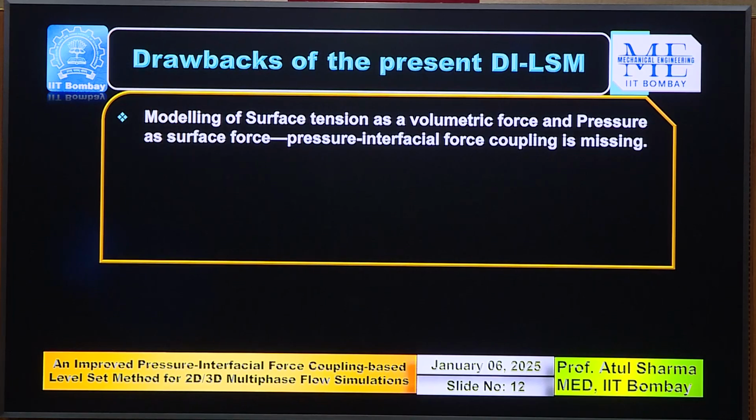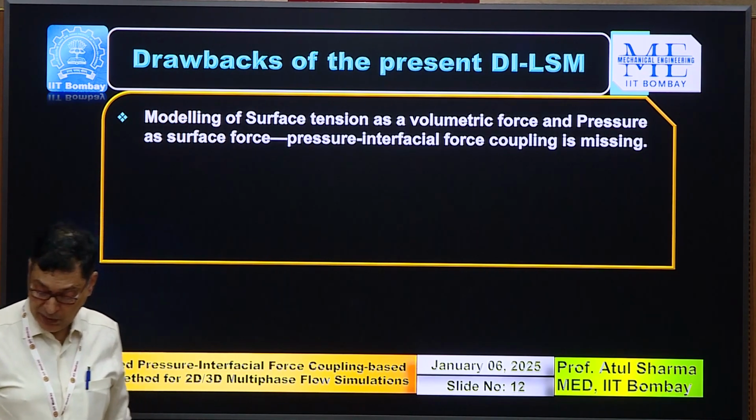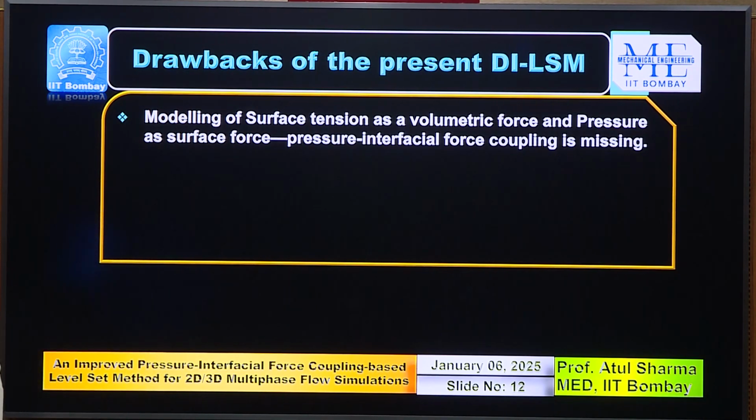Okay, now when I say drawbacks of the present diffuse interface method, this is with reference to the improved method which I'll be presenting. The existing diffuse interface method models surface tension as a volumetric force and pressure as a surface force. Like in CFD, we have pressure velocity decoupling, as in the classical CFD books you might have gone through.